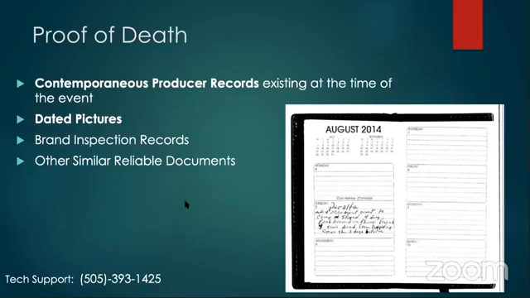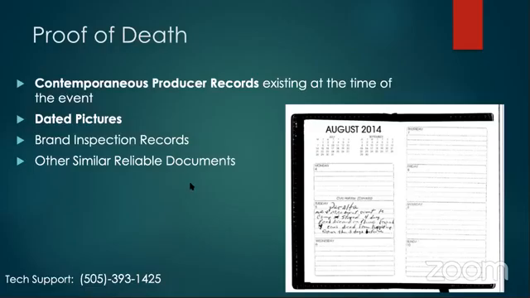I know some guys have a little pocket calendar that they keep in their truck, they put in their pocket every day. If you have an Excel spreadsheet, if that's how you keep track of your records, we will just request a copy of that at the end of the year whenever you're applying for your payment.